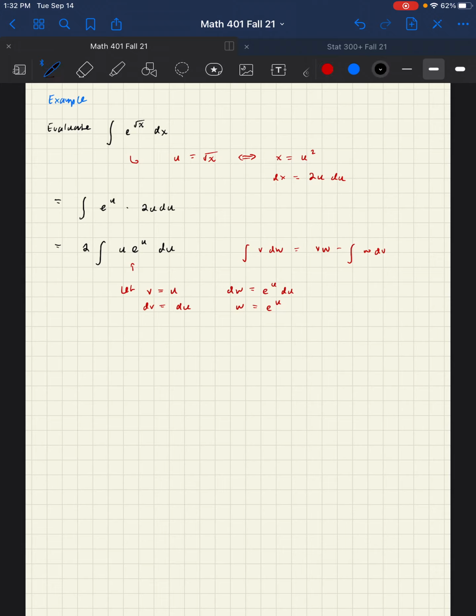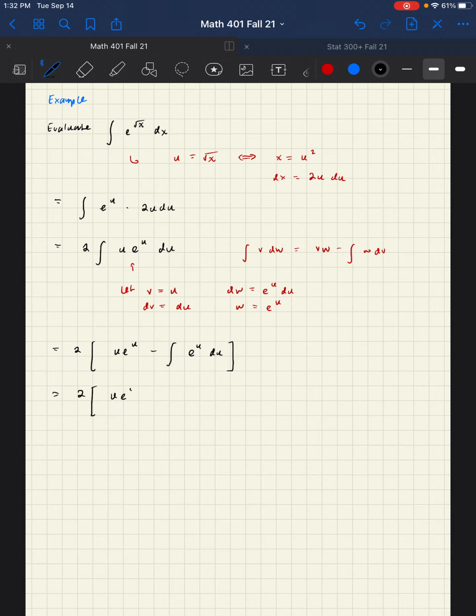We're just shifting the letters a little bit. Don't lose your cool. So we have 2 times vw, u e to the u, minus the integral of w dv, e to the u du.